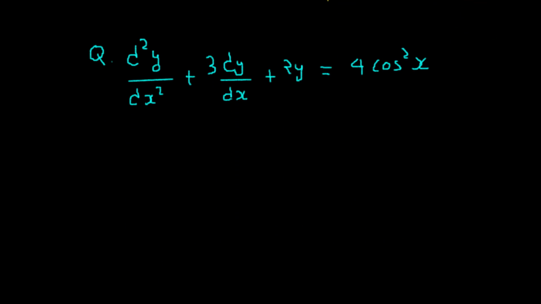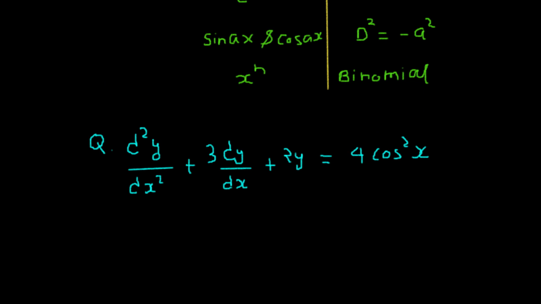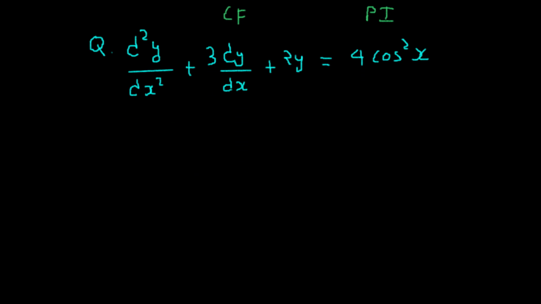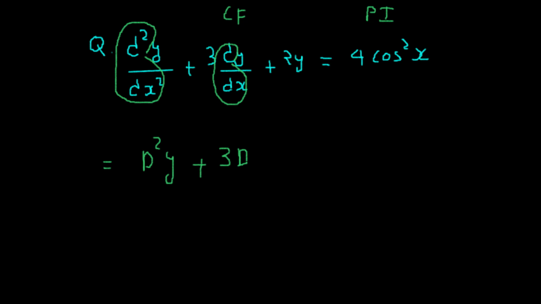I told you earlier that this part is known as CF and this part is known as PI. Let's see how we're going to solve this. For CF, first we'll put this as d square, so it will be d square y plus 3dy plus 2y.